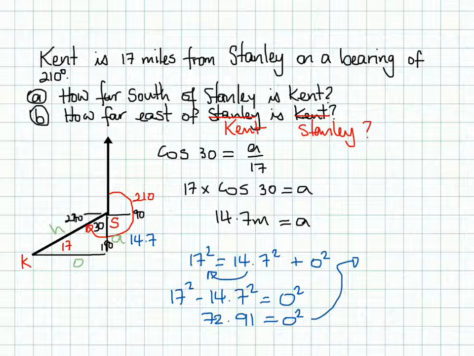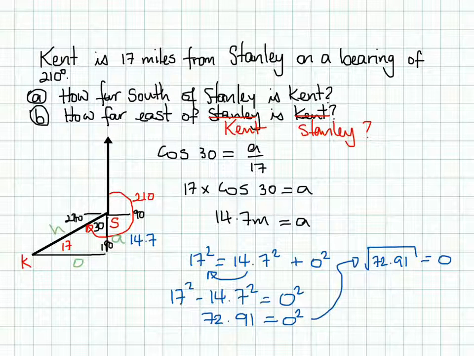To get rid of the square, I need to square root my 72.91 in order to find what O is, and that is going to give us an answer of 8.5 miles. So, in other words, we need to travel 8.5 miles east of Kent in order to get in line with Stanley.